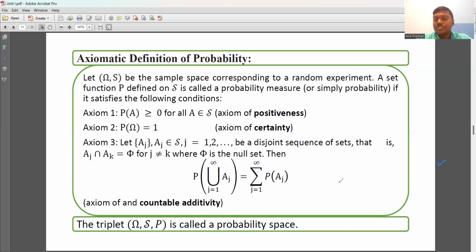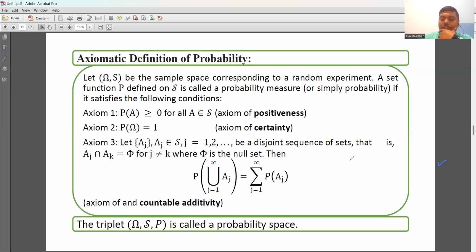Any set function from the sample space to the real number set which satisfies all of these three conditions is a probability measure on the sample space corresponding to a random experiment. And these three things, the set of all possible outcomes omega, the sigma algebra corresponding to the sample space, that is script s, and the probability measure p, which is a set function, together this triplet is called the probability space.